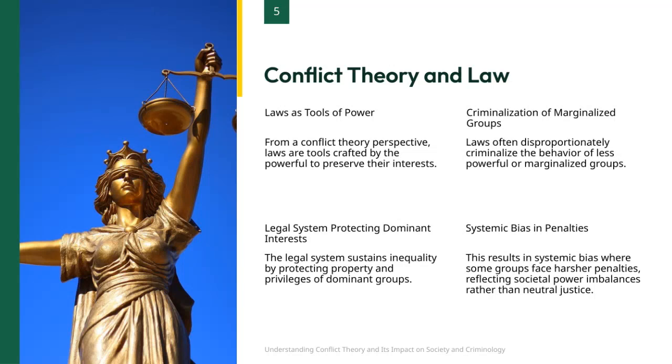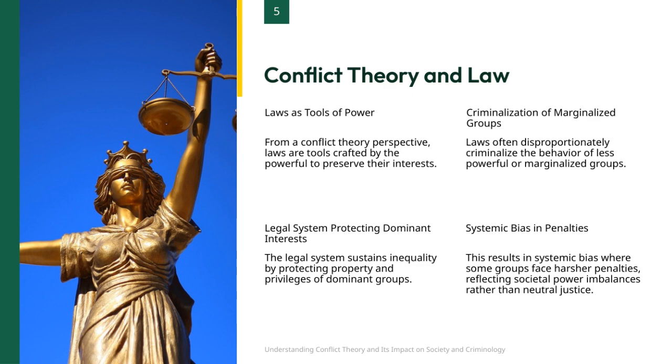When we look at law through the lens of conflict theory, we see that laws are not just neutral rules, but tools used by those in power to maintain their advantage. This perspective suggests that laws often serve to protect the interests of the wealthy or dominant groups in society. For example, behaviors of marginalized or less powerful groups are more likely to be criminalized, highlighting a significant imbalance.